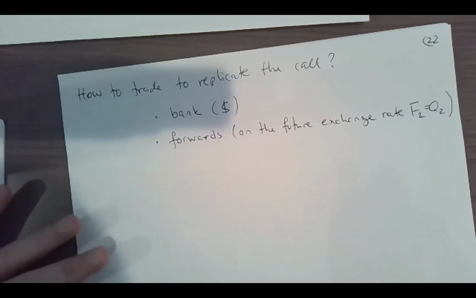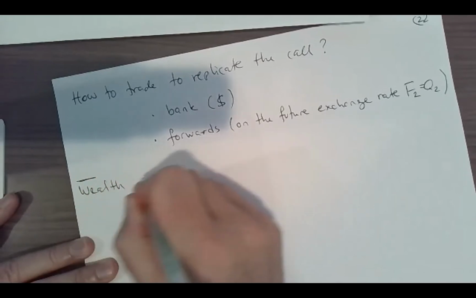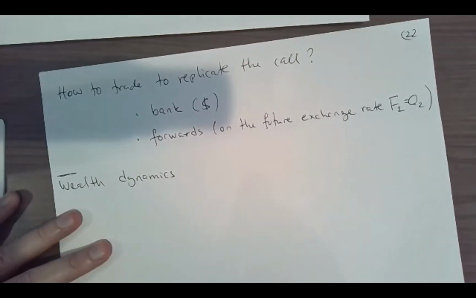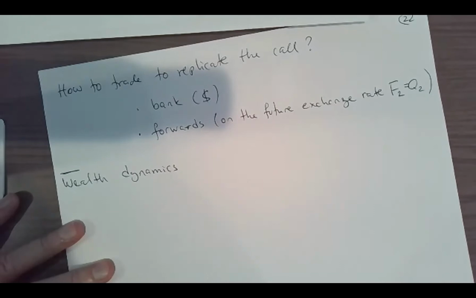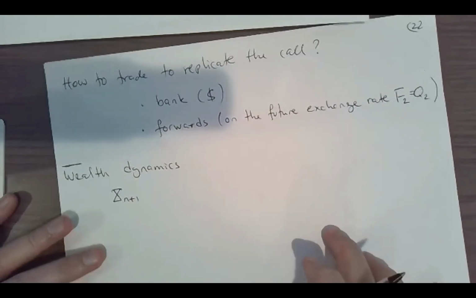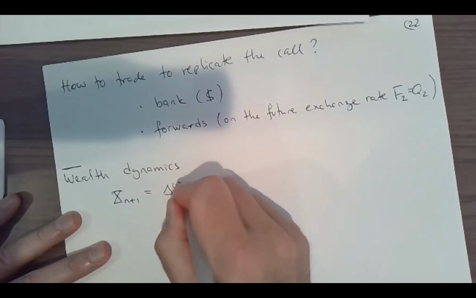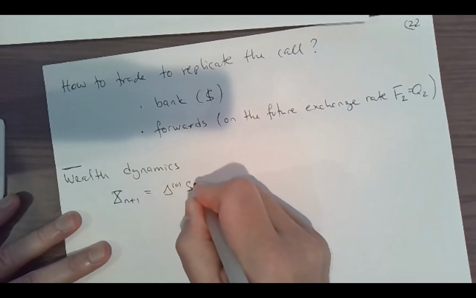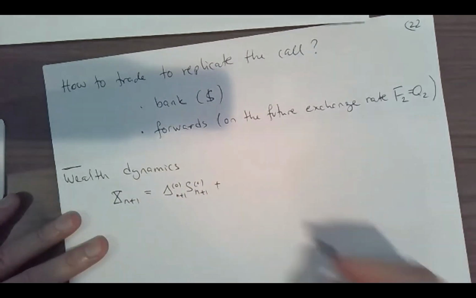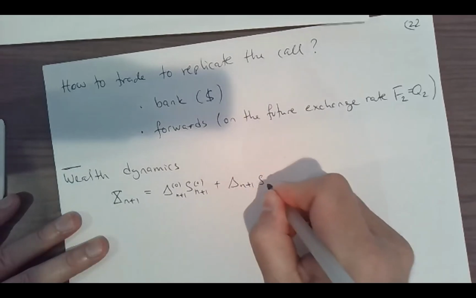So let's just recall the wealth dynamics. The wealth would be, well, the definition would be the number of units times the bank plus the number of units times the risky security.